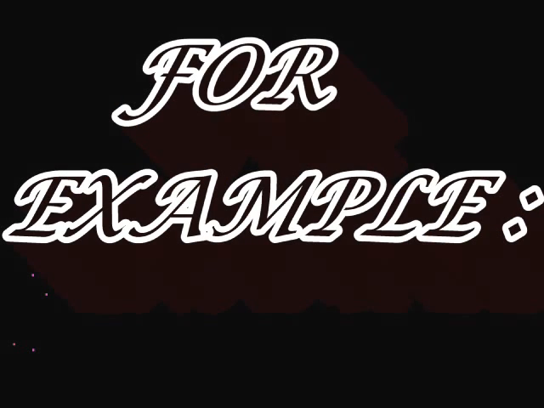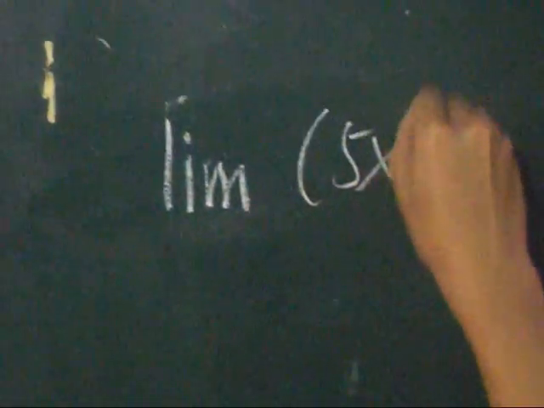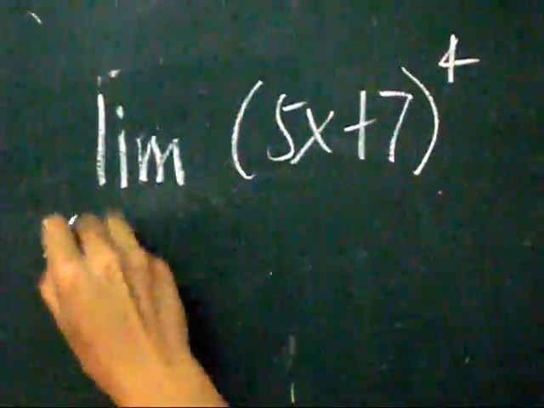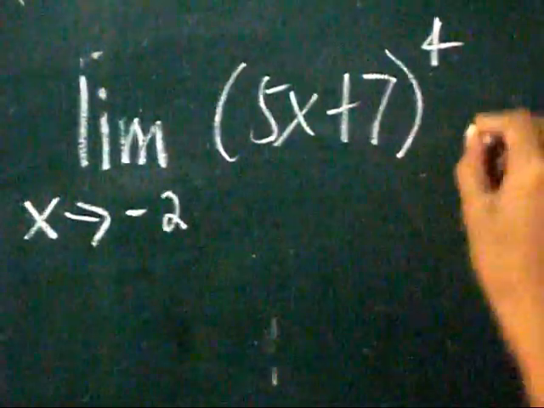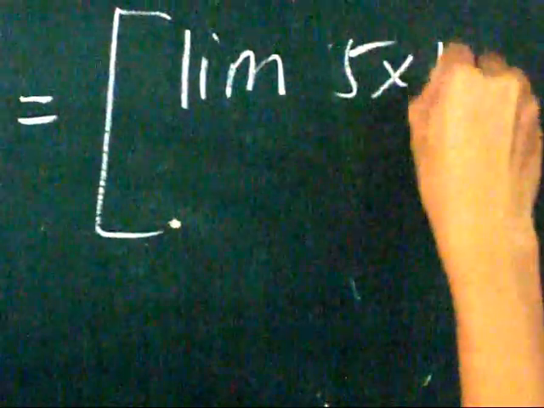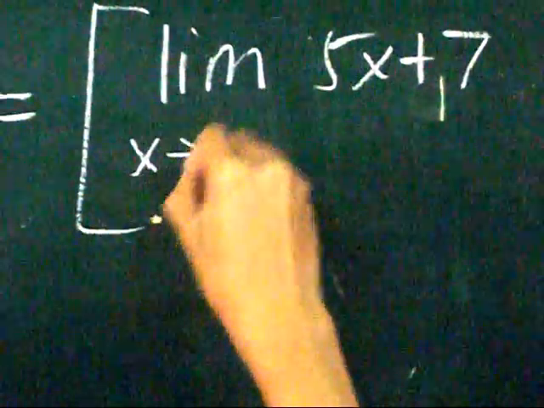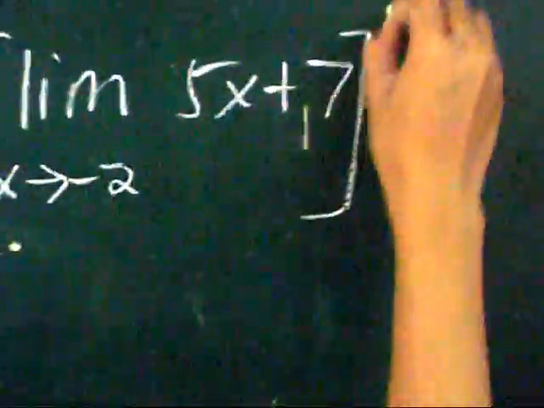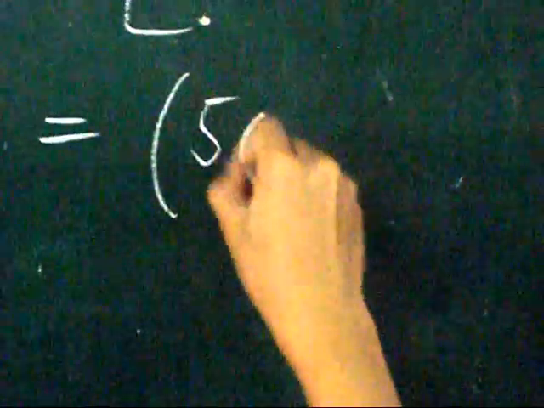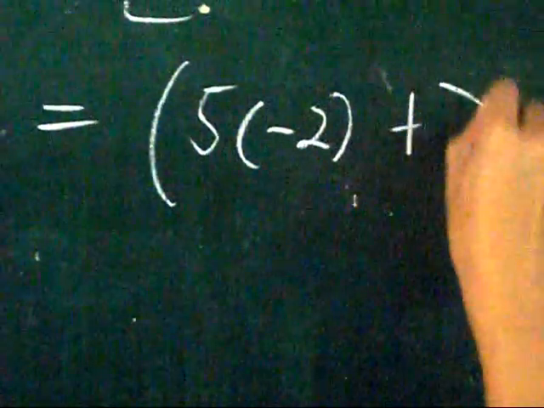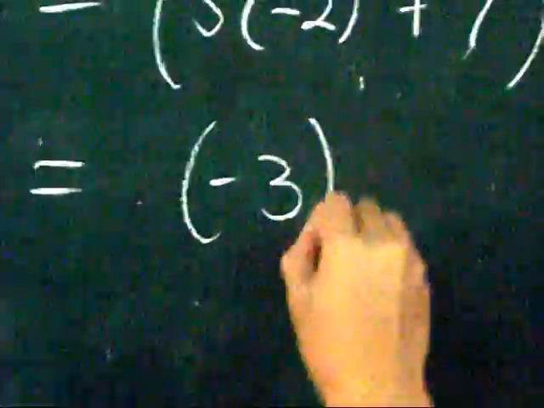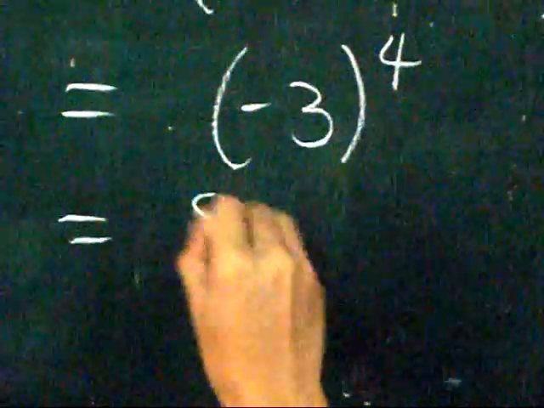The limit of the quantity 5x plus 7 raised to the power of 4 as x approaches negative 2 is equal to the quantity limit of 5x plus 7 as x approaches negative 2 raised to the power of 4, which is equal to the quantity 5 times negative 2 plus 7 raised to the power of 4, which is equal to negative 3 raised to the power of 4, which is equal to 81.